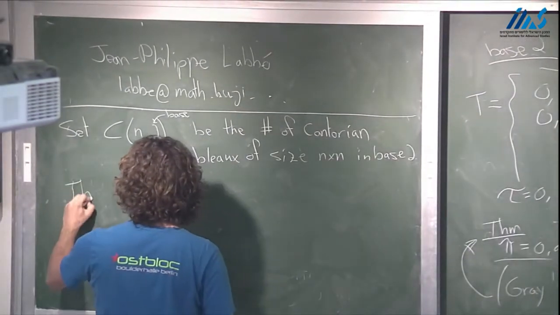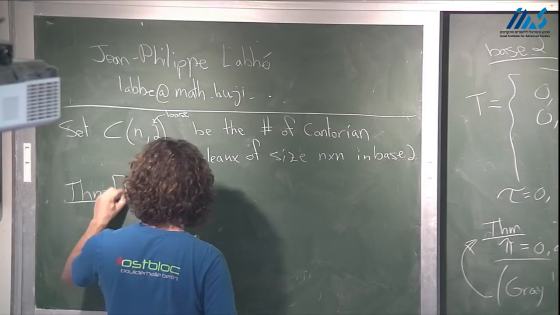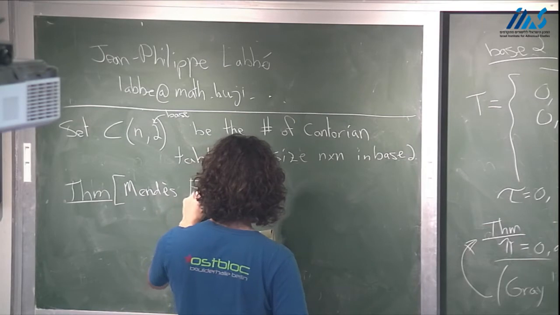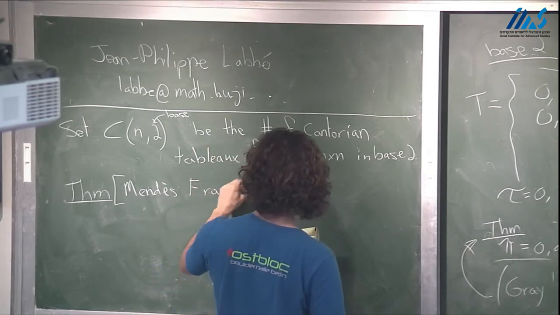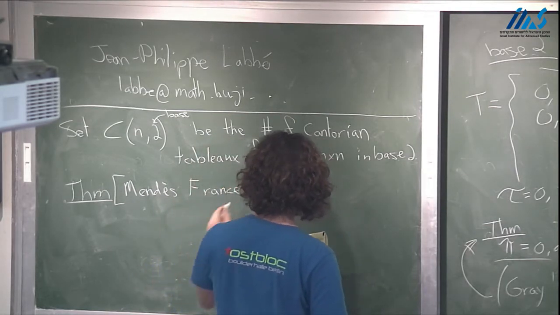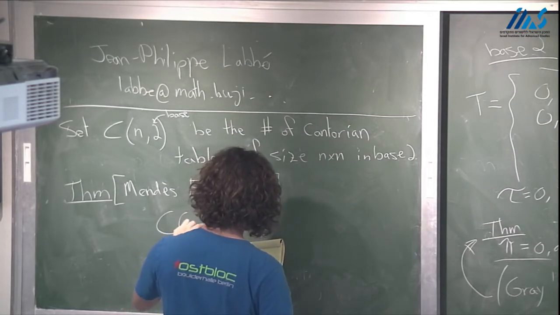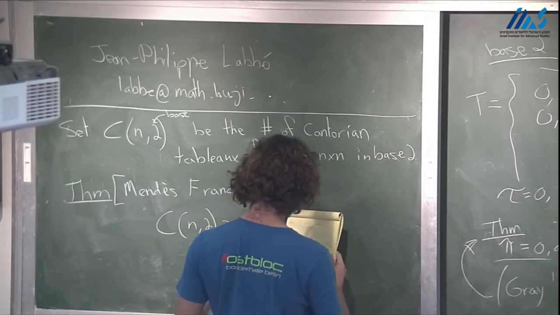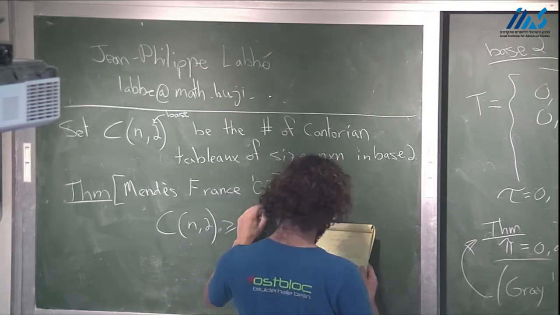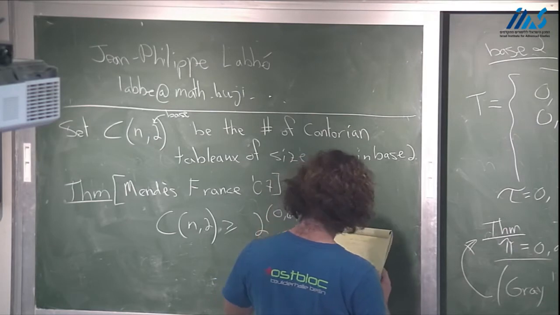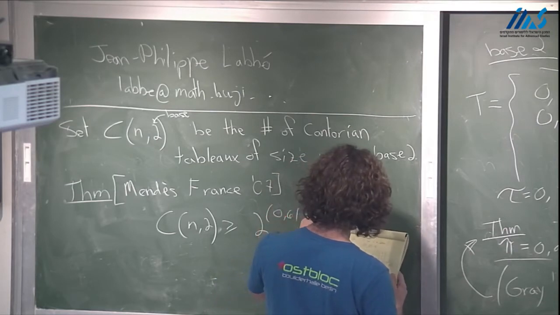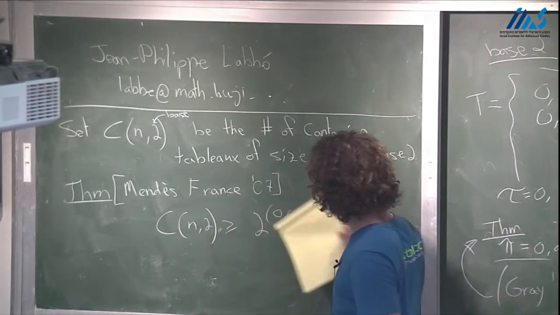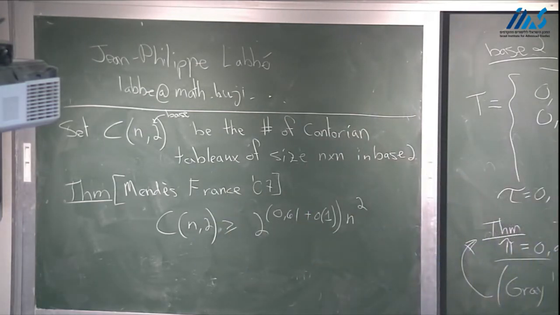Then in another paper, Mendes France showed the following, and right after is the problem in 2007. You have the following bound on Cn2: plus little o of 1, times n squared. So you have at least this number of Cantorian tableaus.